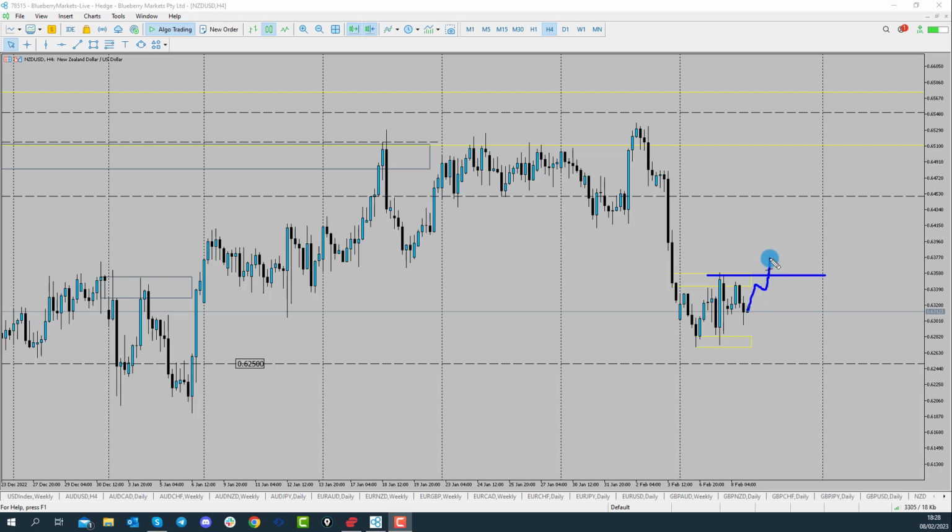If price was to come back up, false break out of here, it may give the opportunity to take a move down. You could then target the range low as the immediate target, and then if price continues to move on from there, then you've got a really good position in here for a move to the downside. So just something to consider there on Kiwi dollar.